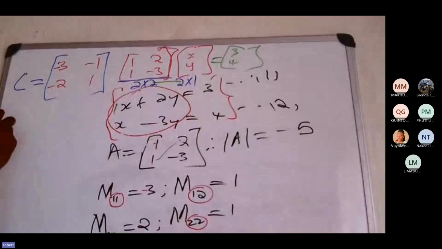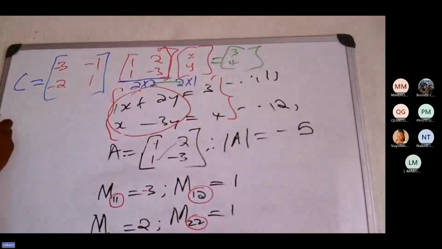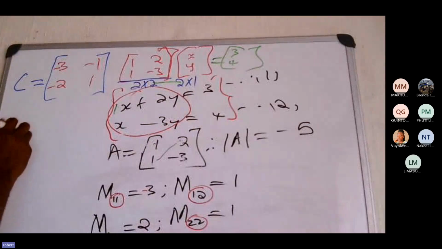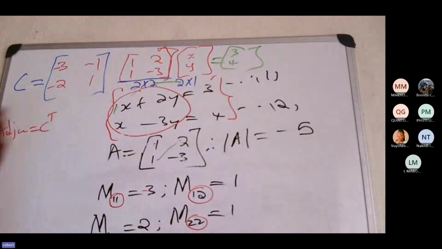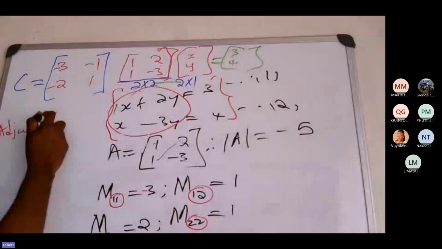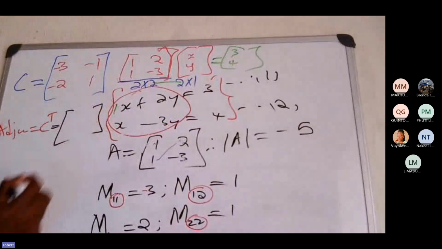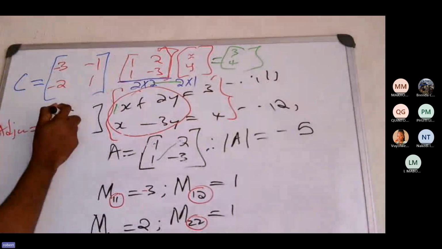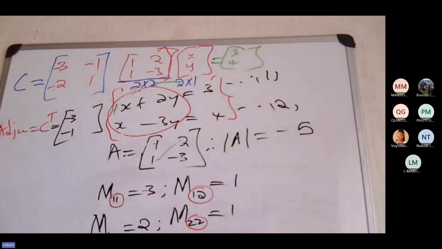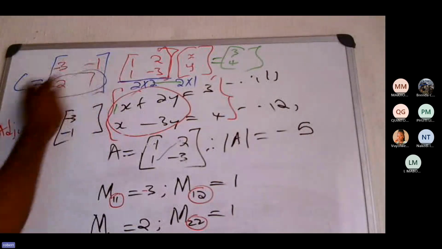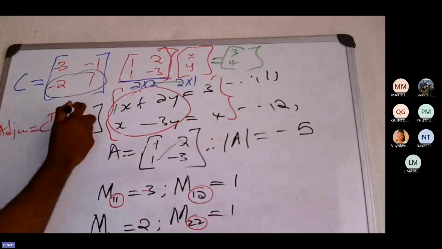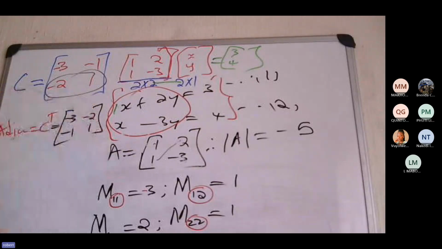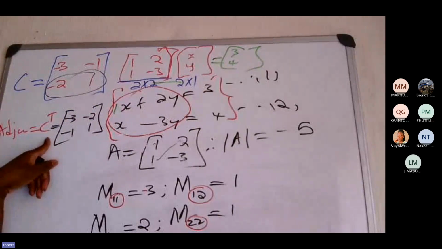So the adjoint now is C transpose. So what will be the adjoint of this? It will simply be, you take this: what were the elements of the first row will be the elements of the first column. What were the elements in the second row will be the elements in the second column. Then this is the adjoint.